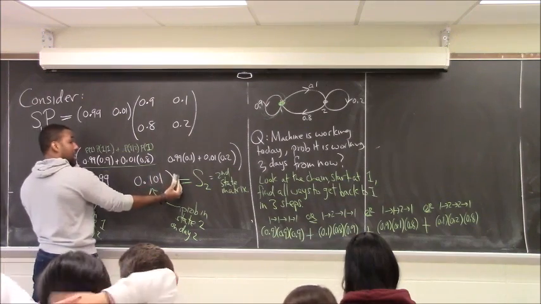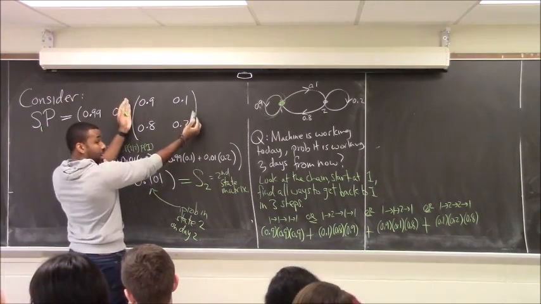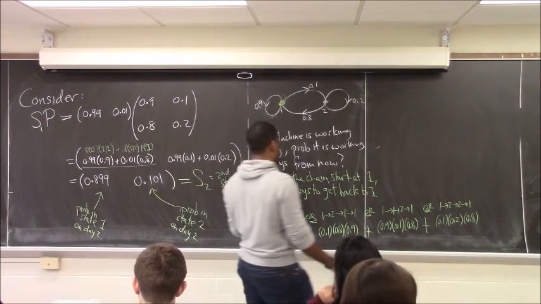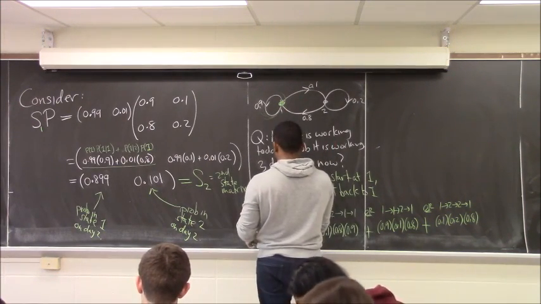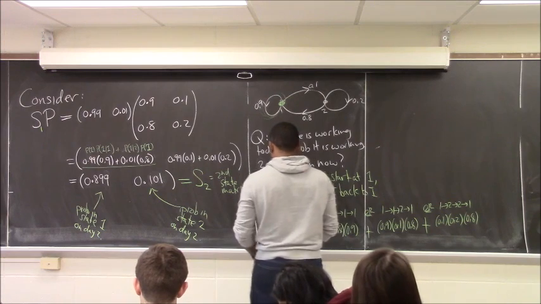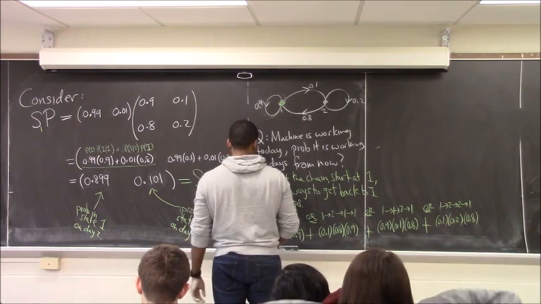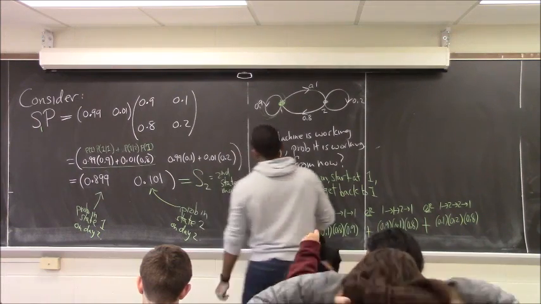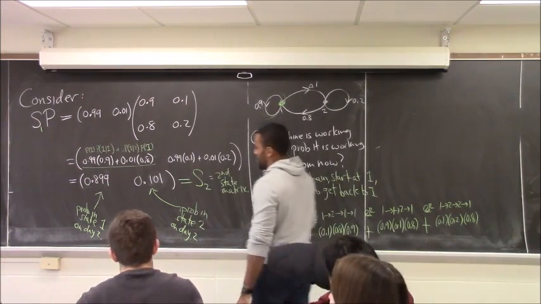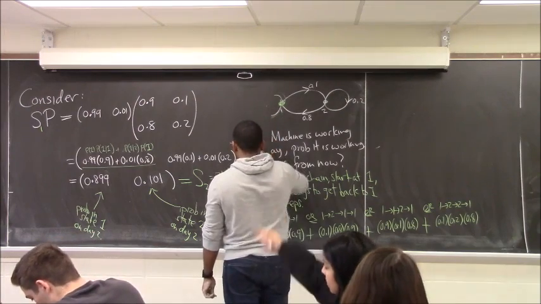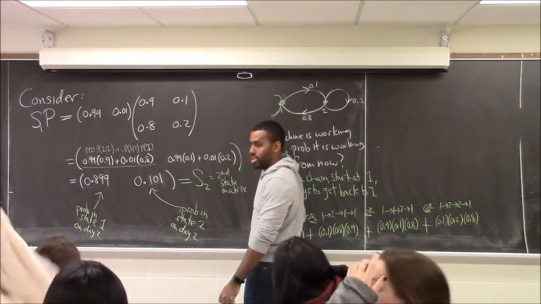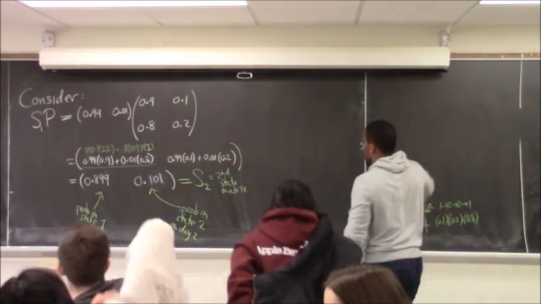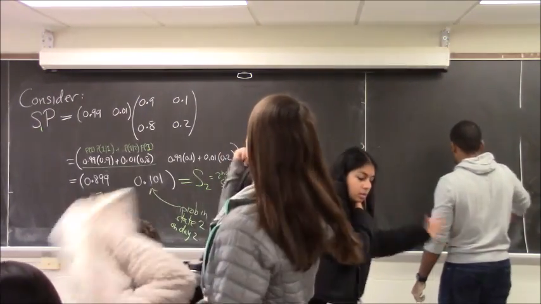You're going to take this and multiply that again. Ultimately, you should get to this number, although we're missing the 0.99, the fact that it was in state 1 in the first place. But we're going to do that. So review your matrix multiplication. It's going to be very important. We're going to be able to draw chains and then do matrices to figure out what we're going to do.